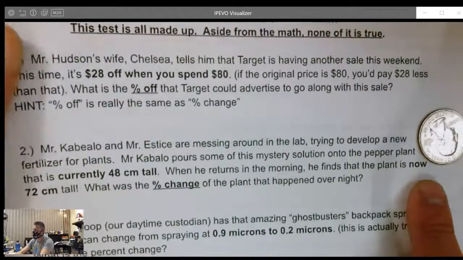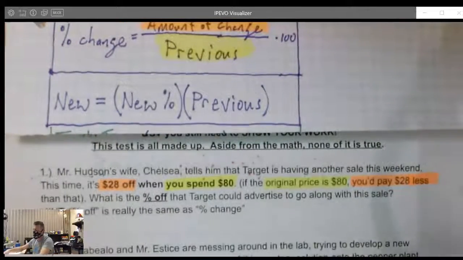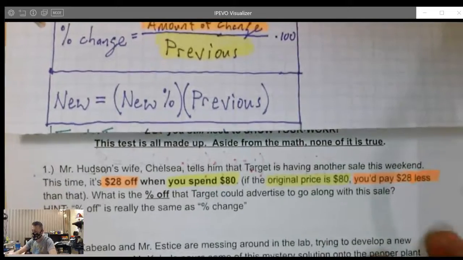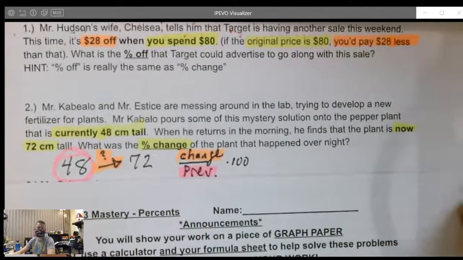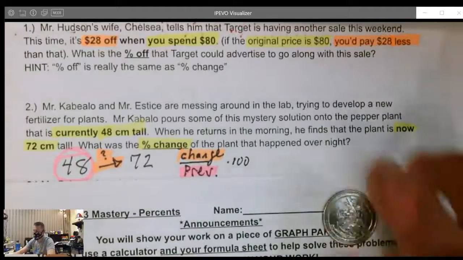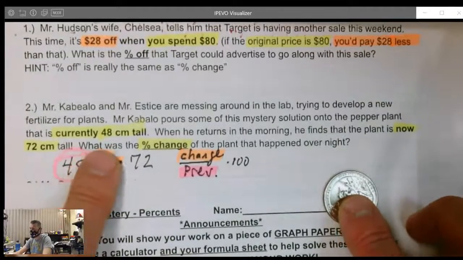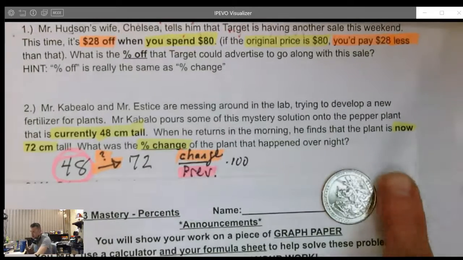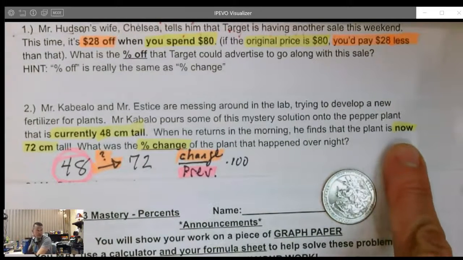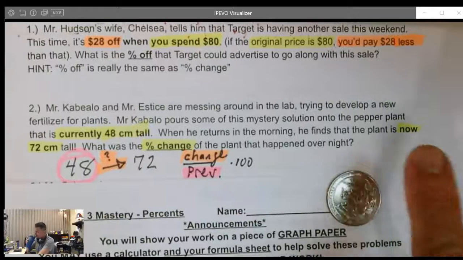But what people are running into here is we need to figure out the amount of change. So if I went through and highlighted some important stuff, right? Currently, the before height, 48 centimeters. Now, we could honestly cross that out and say new.